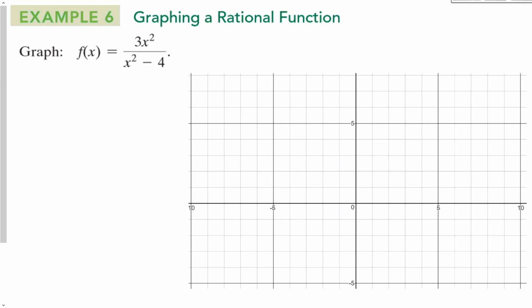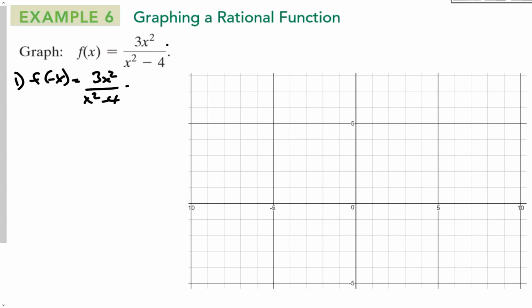Let's jump right to the next one. Okay. So first, define symmetry. Plug in f of negative x. And that gives me a negative squared turns positive over negative squared turns positive. Good. These two are exactly the same.